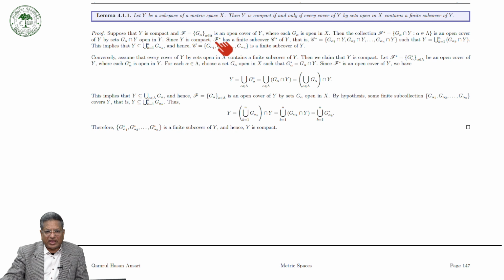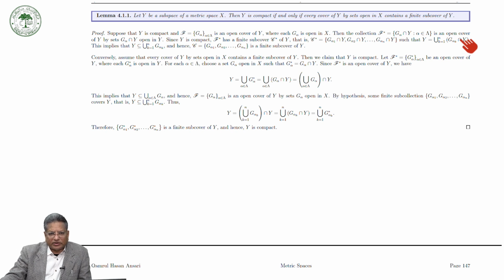So since Y is compact, F* has a finite subcover C* of Y of this form. Because this is a finite subcover of Y, the union of all these elements must be equal to Y. So Y = the union for k from 1 to n of (G_αk ∩ Y).